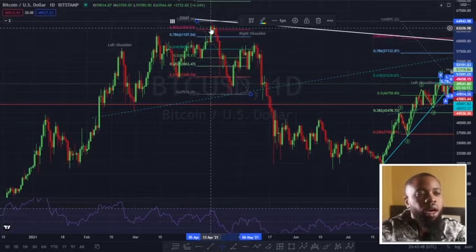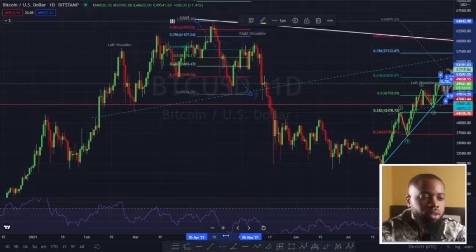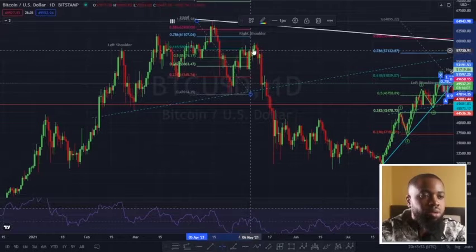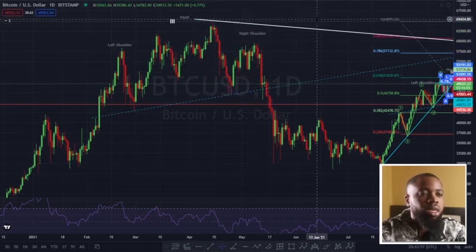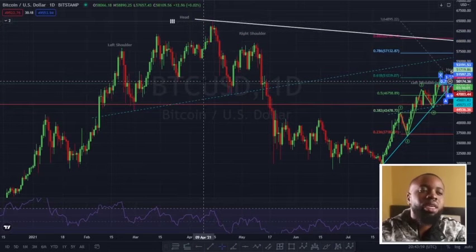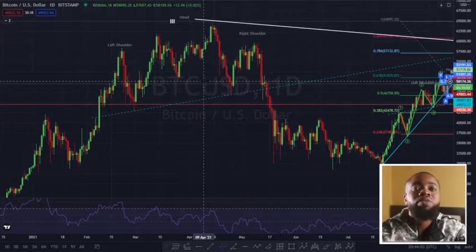After this, you can notice that we then went down for a wave 3. Now, how can we say beforehand that we should be expecting a wave 3?